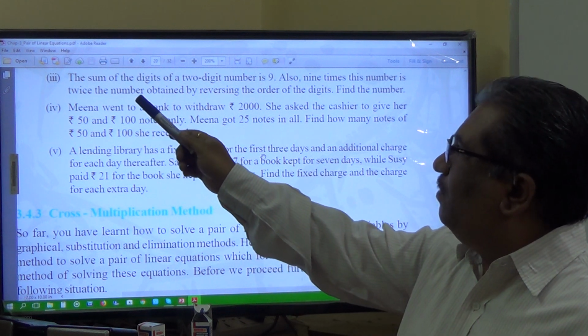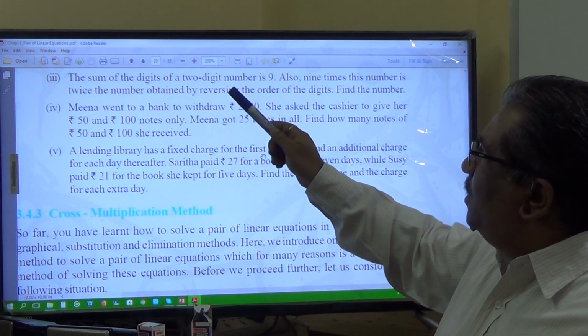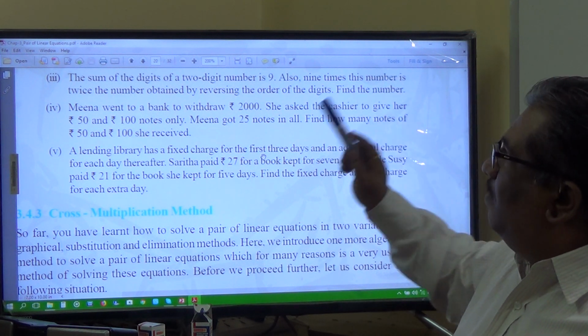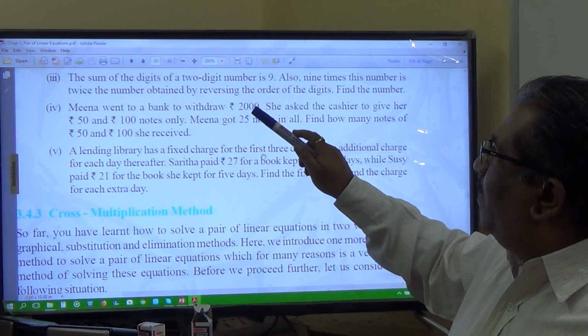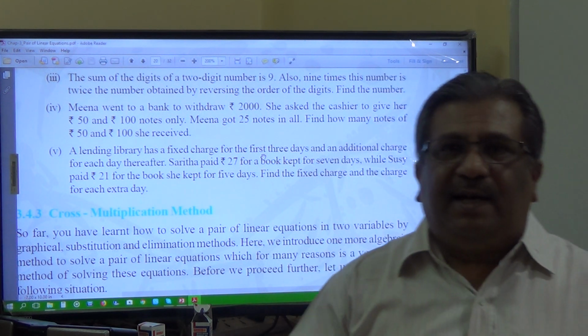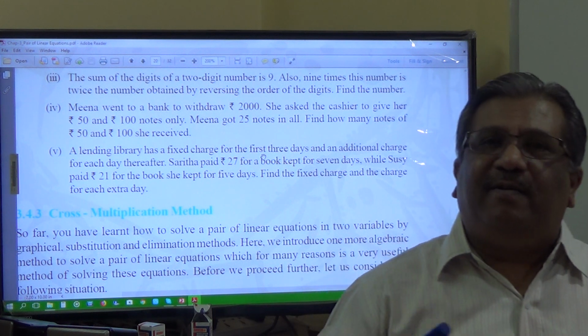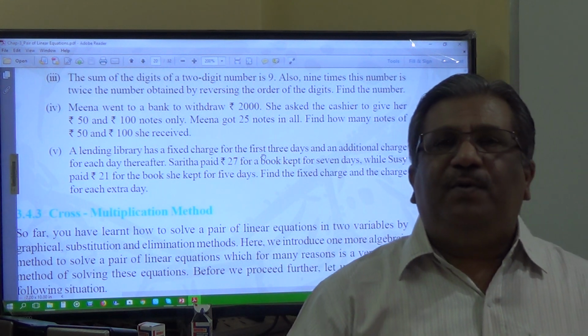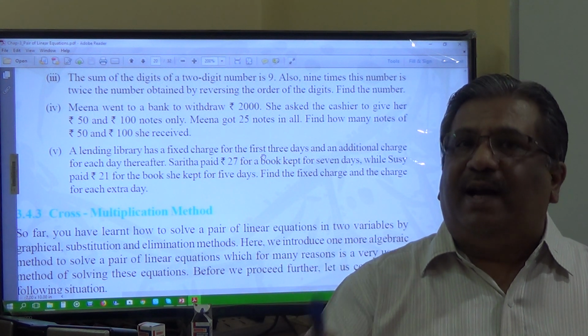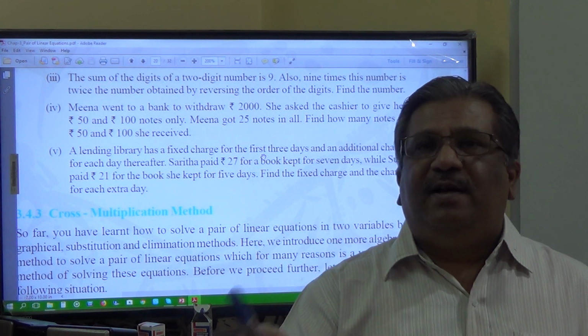The sum of the digits of a 2-digit number is 9. Also, 9 times this number is twice the number obtained by reversing the order of the digits. Find the number. Let me discuss what is the meaning of digit and how do you represent a 2-digit number and how do you obtain a number by reversing the digits.